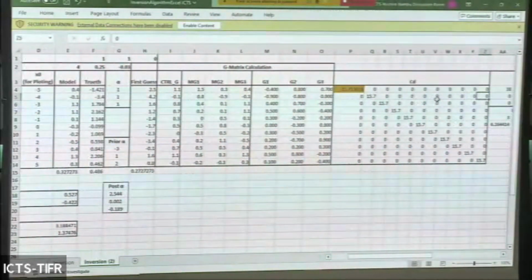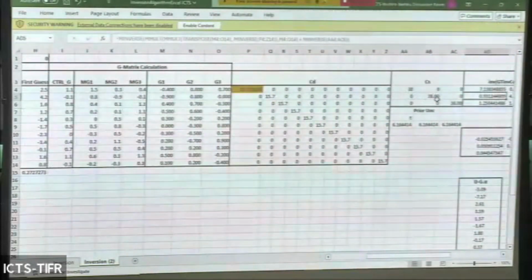I assumed some error in my observations. You may wonder where 15.7 came from. There's a trick to that; some reverse engineering is required. Let me take this as my CD matrix. Then the CS matrix again; the number of rows and the matrix size differ according to the size of the problem. So this is the CS matrix.